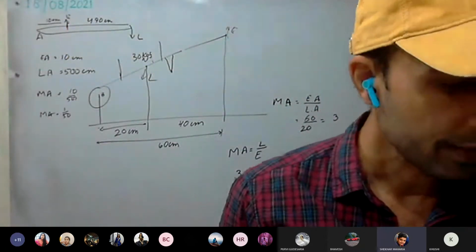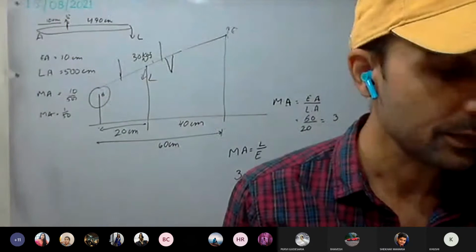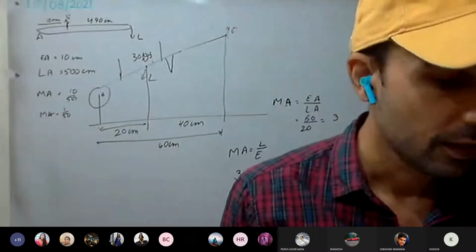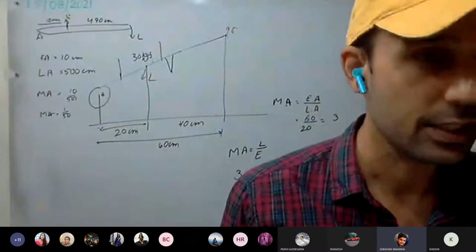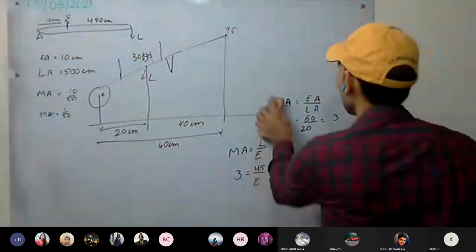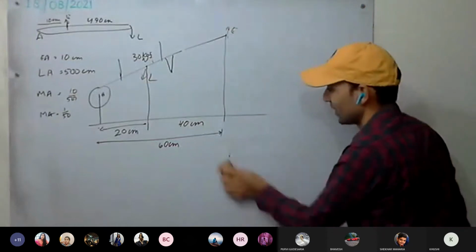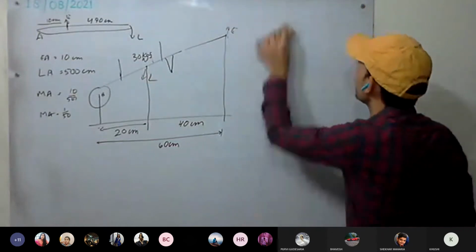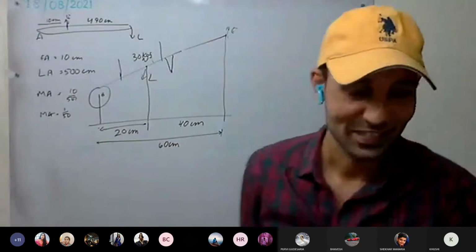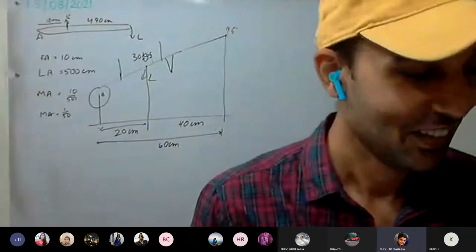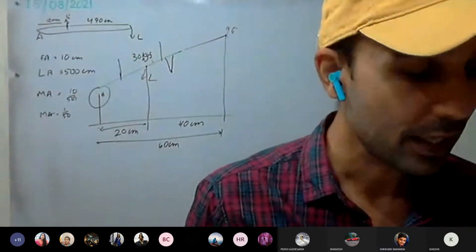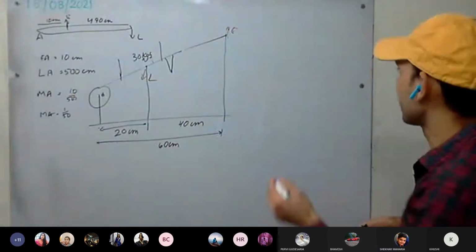Okay. 12th one, a fire tongs has its arms 20 centimeter long. Fire tongs, you know, it can be used for many purposes. So its arms are 20 centimeter long.